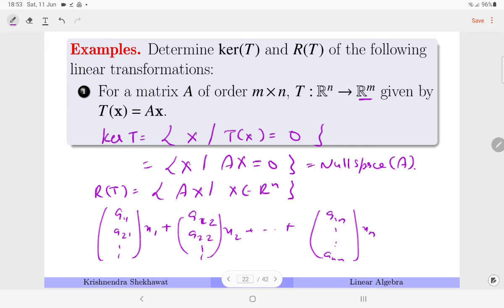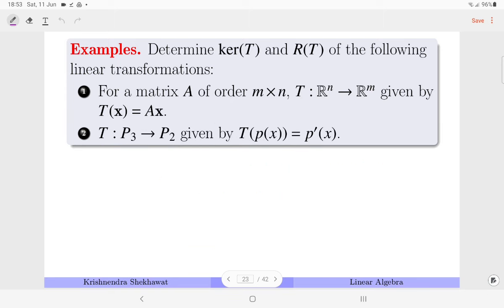This is my range T, which is the linear combinations of the columns of A, and therefore the range T is the column space of A. Let's see the next question.